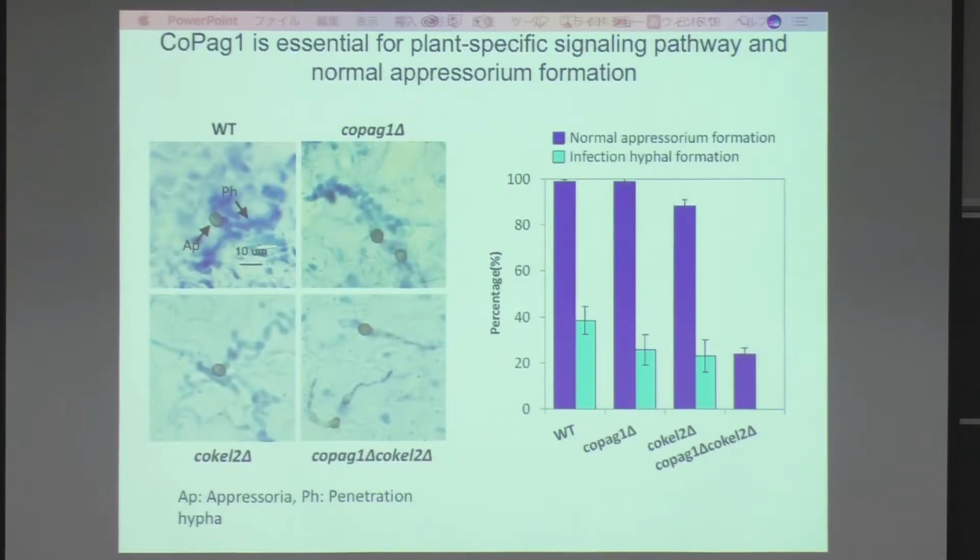To elucidate the function of PAG1, we generated a gene-disrupting mutant of PAG1. On the plant, the COK2 mutant formed melanized, matured normal appressoria and penetration hyphae, similar to the wild type.